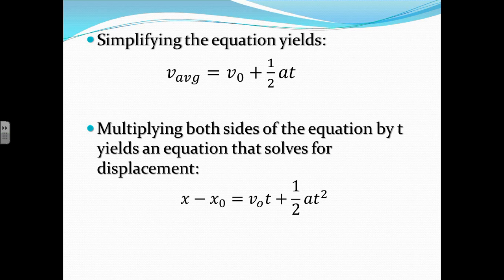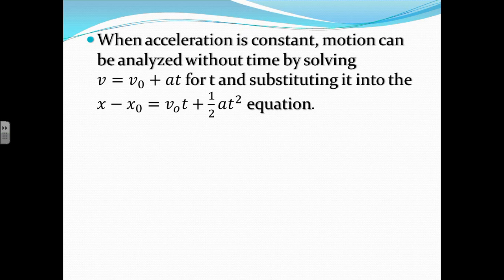Now we don't always have time included in our equations. Instead of having an equation that relies on time, since now we have two equations that solve for time, we can substitute one of the equations into the other. We're going to solve our first equation that we derived, velocity equals velocity initial plus acceleration times time, for t, and then we'll substitute that into our second equation that we derived, change in position equals velocity initial times t plus 1/2 a t squared.